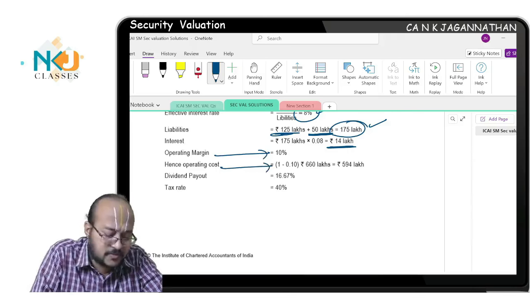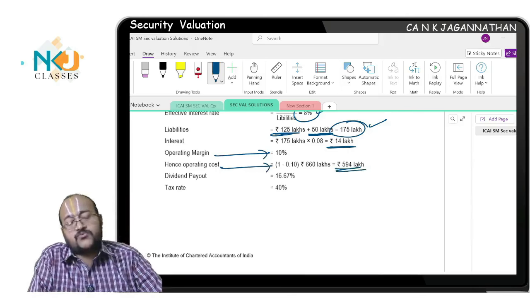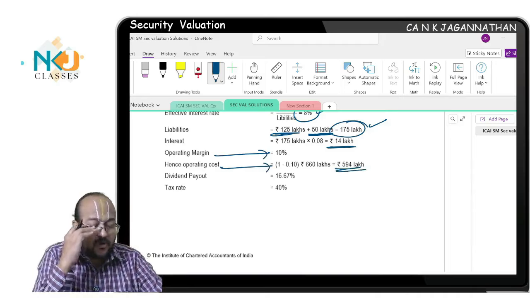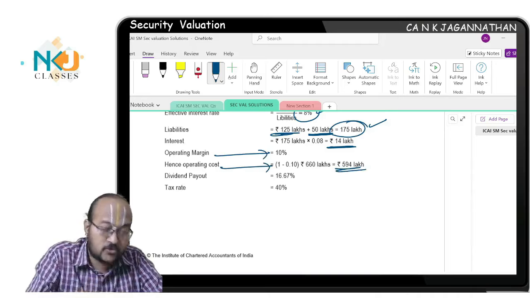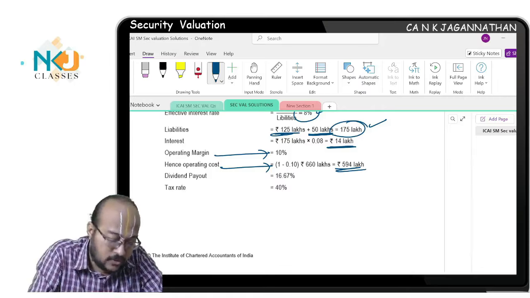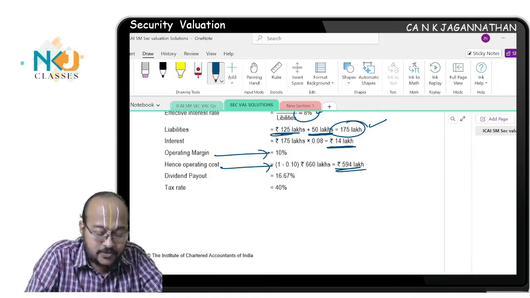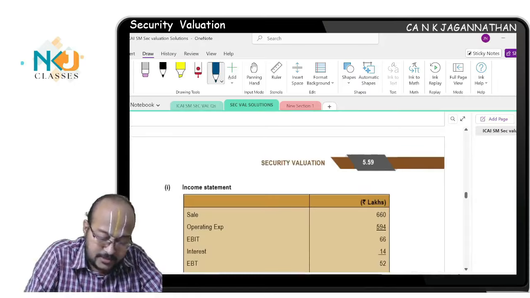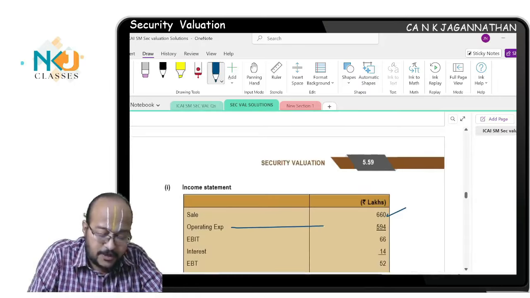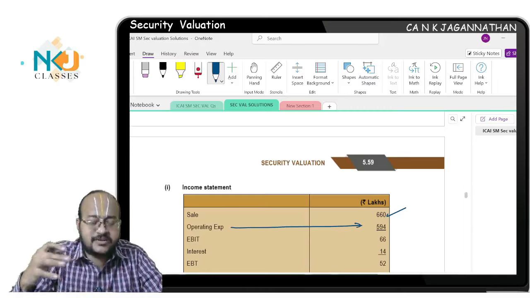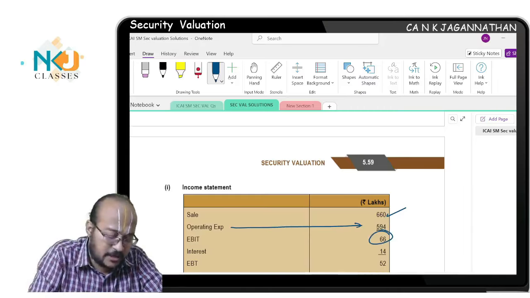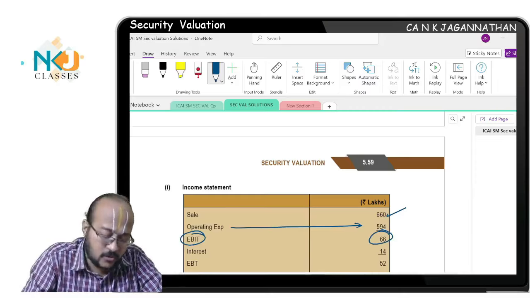Operating cost this much. This is to find out the operating profit. For operating profit, we need to adjust the operating cost. Simply you can even apply 10%. You see here, sales is 660 lakhs. The operating expenses are shown for presentation only, just to compute EBIT. You can also start from EBIT anyway, no issue.